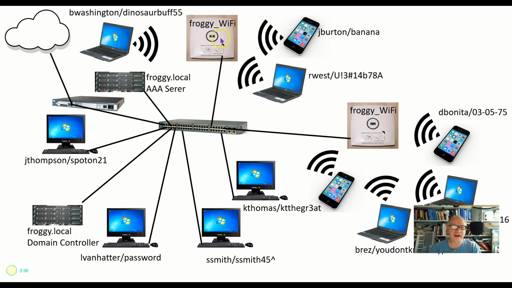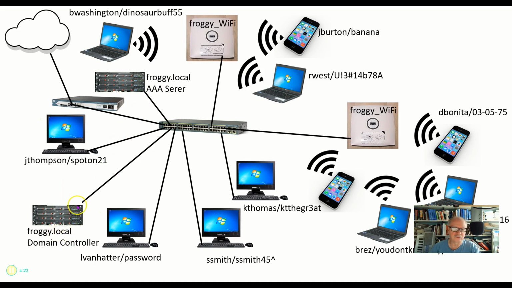These are now access points. Access points just give you wireless access to a wired network. And notice they have their own SSID, that is to say network name here. But this network name is not the same as this network name. This is the Wi-Fi network, and this is the network, the froggy.local network.